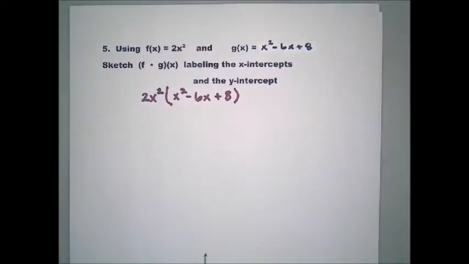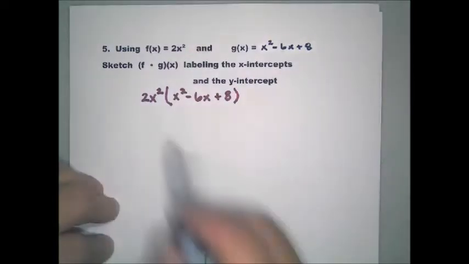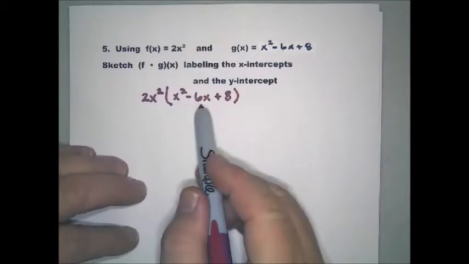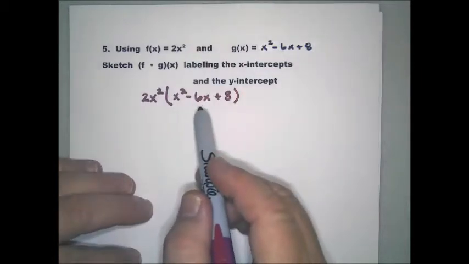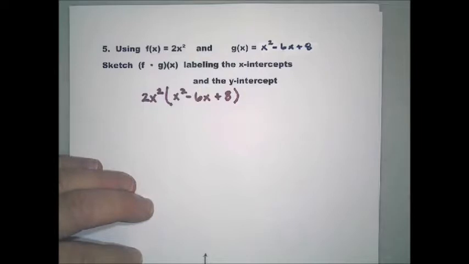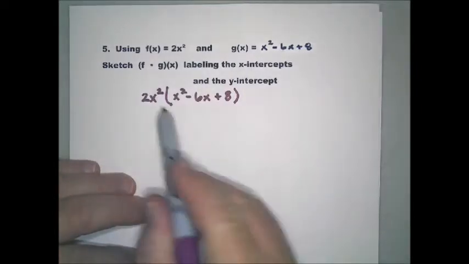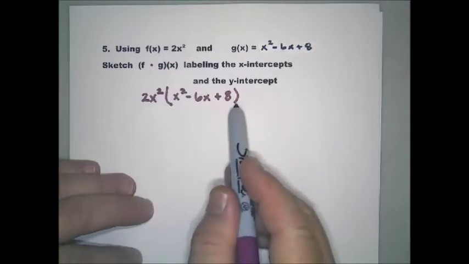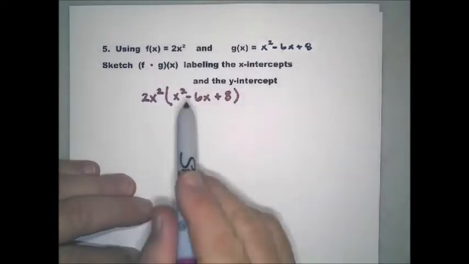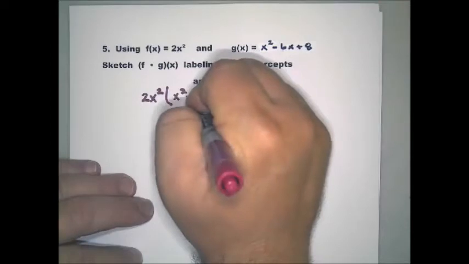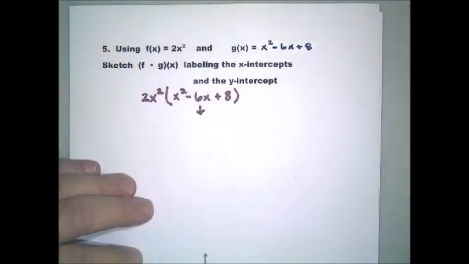Now, what you probably think you need to do right now is go ahead and do this multiplication. But actually you don't, because remember, we want everything in factored form so we can find the x-intercepts. And we've got it almost in factored form. This trinomial can be factored deeper.